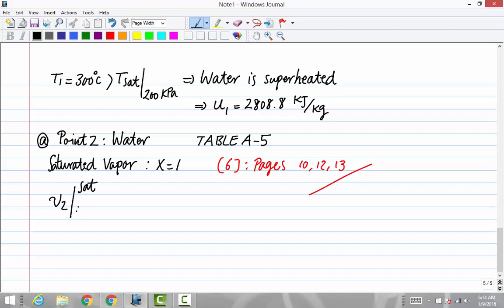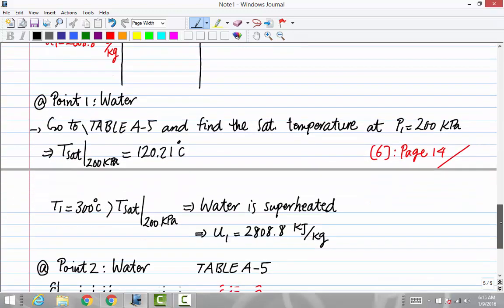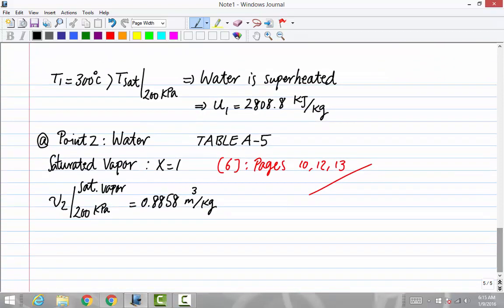If I pick little v at this pressure and it's saturated vapor, according to the table, it is 88.58. You need to have a table in front of you, please. This is all I know about point 2: just the pressure and V2 equals V3, and the quality.